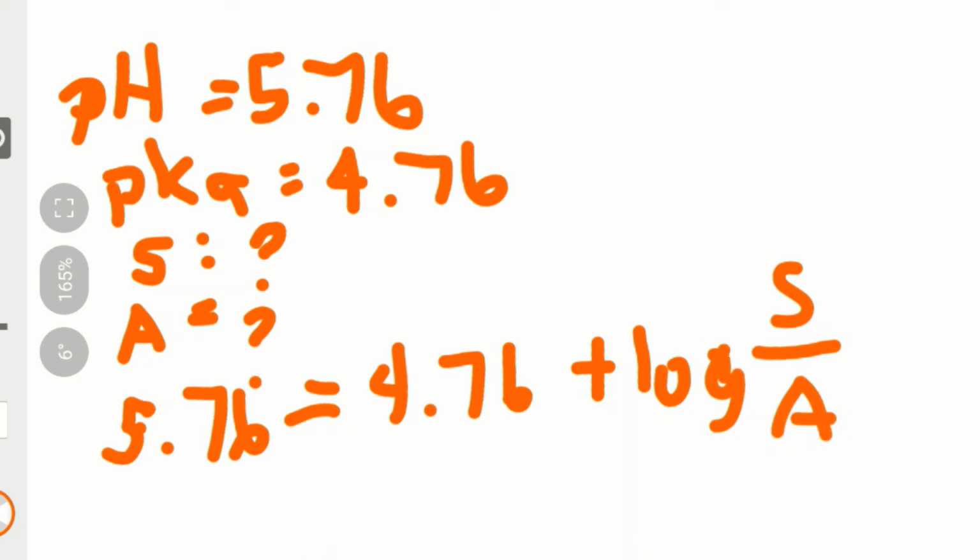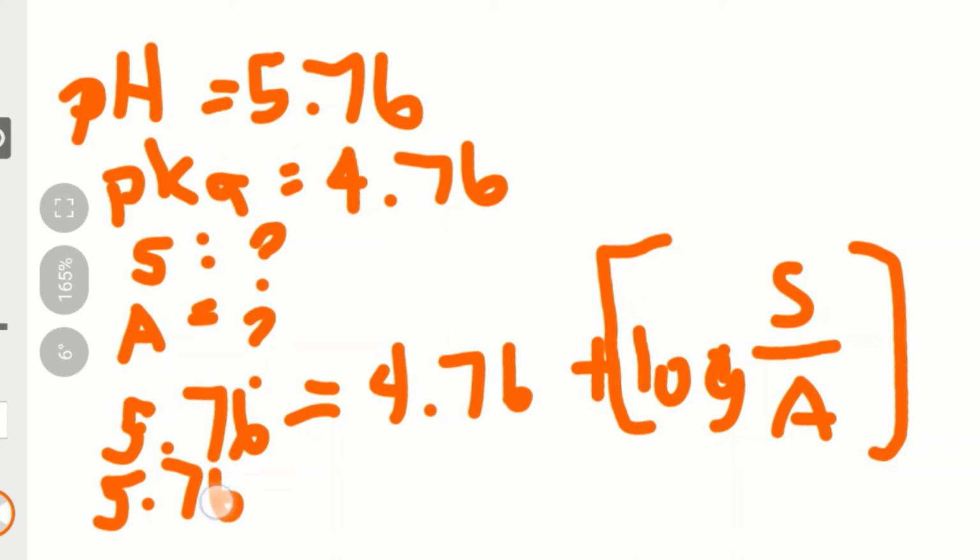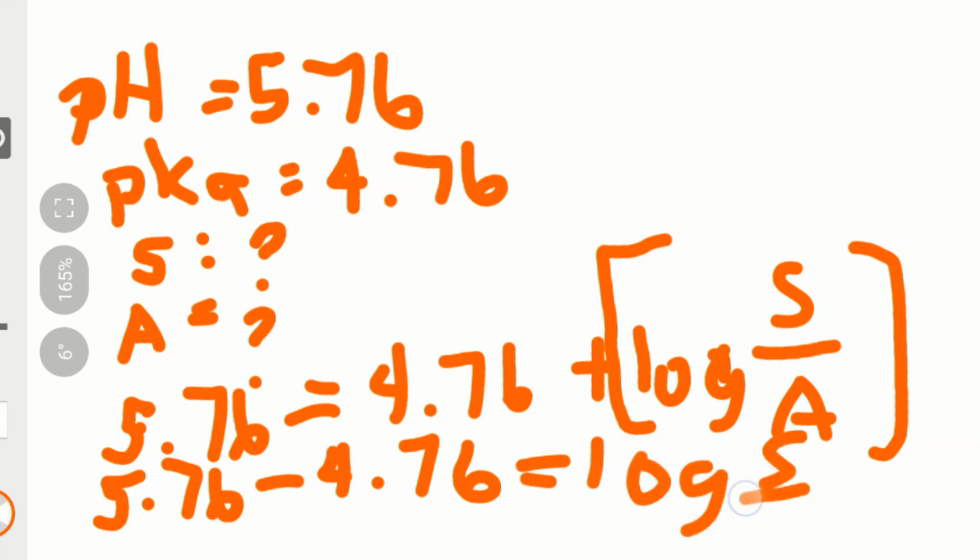So what we are going to do is transpose this formula in order to get the log S over A. So 5.76 would be minus 4.76 because we are transposing. You transfer it to the other side, therefore making it a minus. So what's left in this part would be your log S over A.